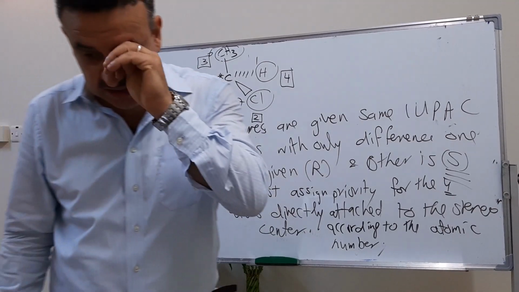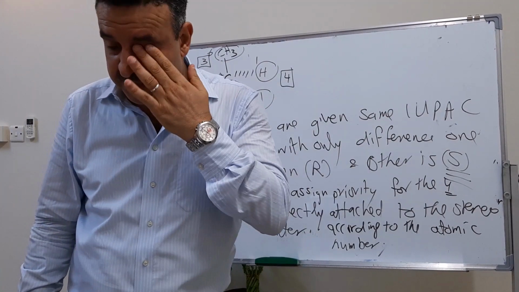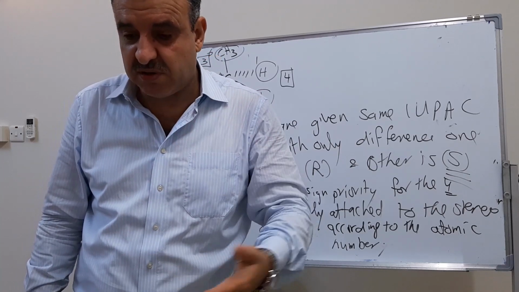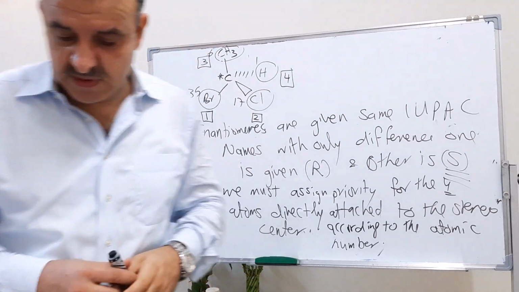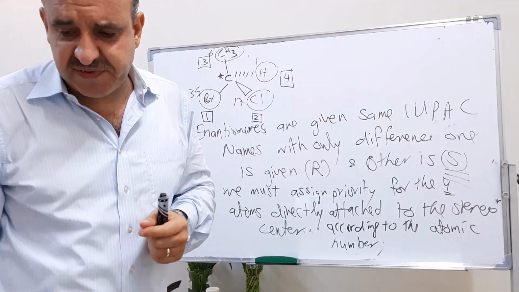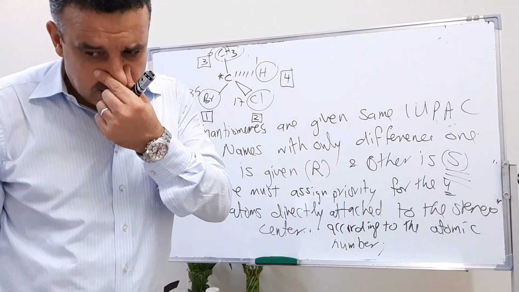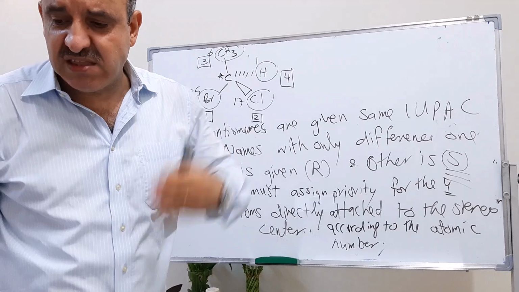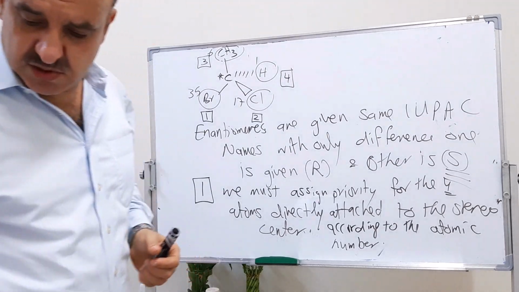If for any reason the priority cannot be determined from the directly attached atom, then we look further to the next atom. So if a decision cannot be reached by ranking the first atom in the substituent, look at the second or third or fourth or whatever until you find the decision. Do you follow me?